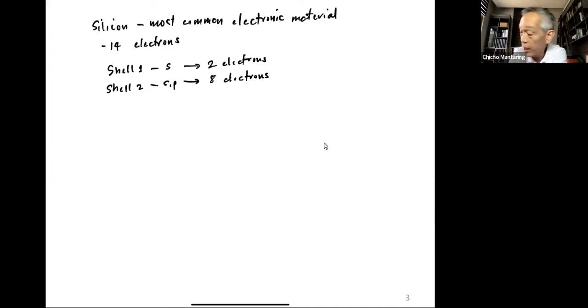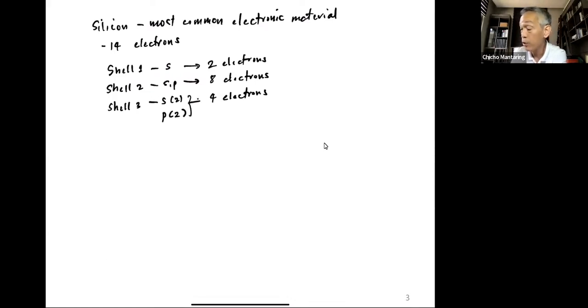Now if you take a look at shell 3, how many electrons do you have left? Silicon has 14 electrons, and 10 are already in shell 1 and shell 2. That means in shell 3 we only have 4 electrons. Meaning, in your s you have two, and in your p, which can handle 6, you have two.